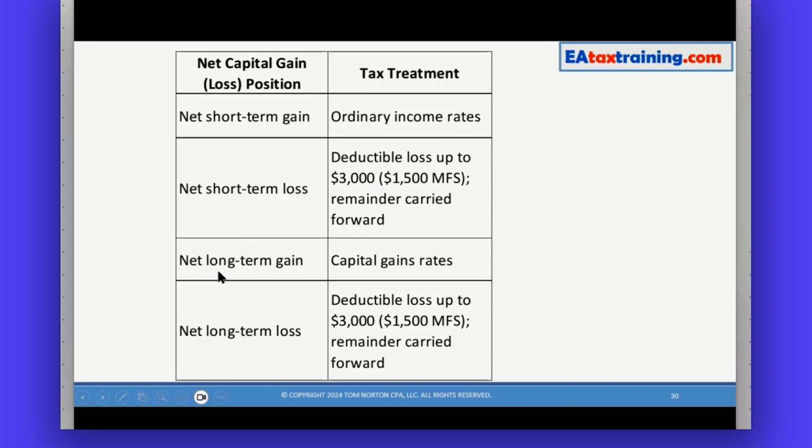You could have a net long-term gain, in which case those are taxed at those more favorable capital gains tax rates. Or you could have a net long-term loss, in which case that loss is deductible up to the same $3,000 or $1,500 for married filing separately, and the remainder can be carried forward.